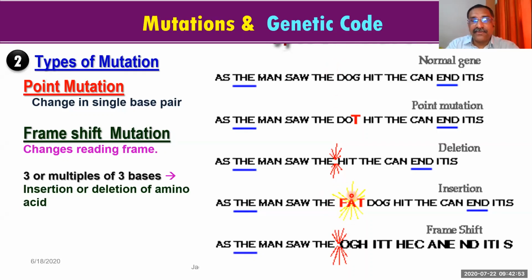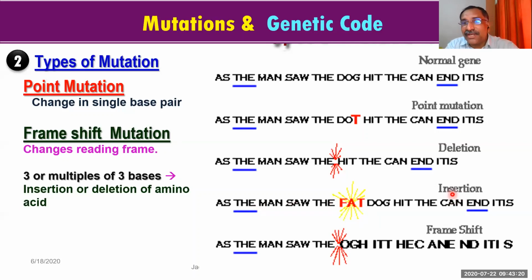Fat. Now you see, the man saw the fat dog hit the can end. So one word has been added over there, the word fat, and the meaning has changed. Here it says the man saw the dog; when the word is added, it becomes the man saw the fat dog.